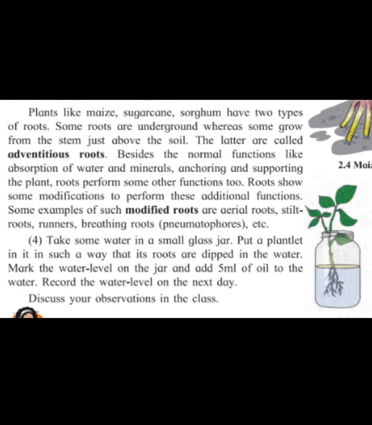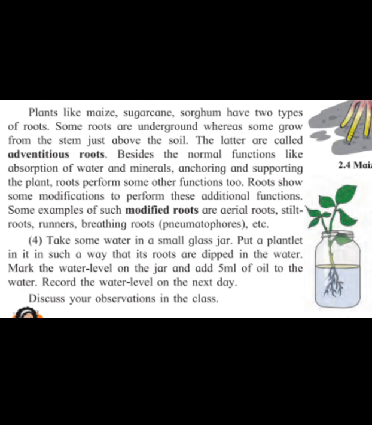The roots that grow from the stem just above the soil are called adventitious roots. And why are they called adventitious roots?